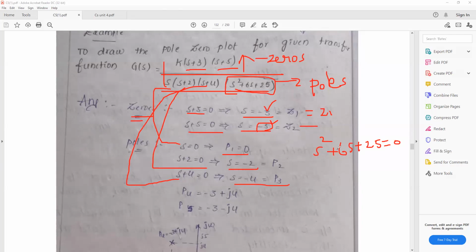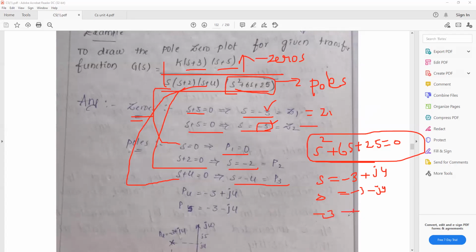In this characteristic equation there are two poles: first pole minus 3 plus j4, second pole minus 3 minus j4. The roots are minus 3 plus or minus j4.